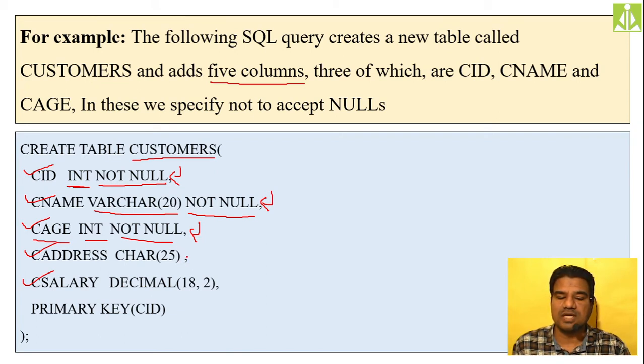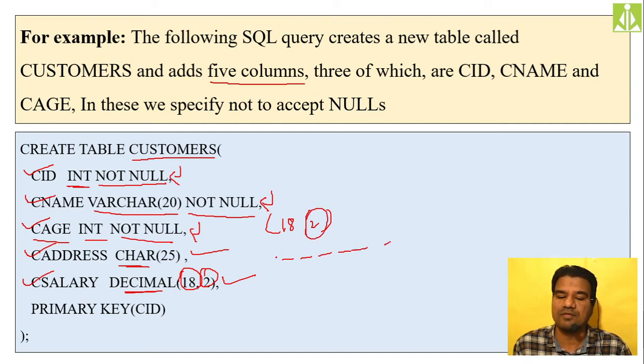Then address, it can be null, because as I did not mention not null over here, it can be null. And salary also can be null. Over here, address is character type, and salary is decimal, in the sense precision can go. So 18 comma 2 means total 18 digits, in that the last 2 will be for the precision.